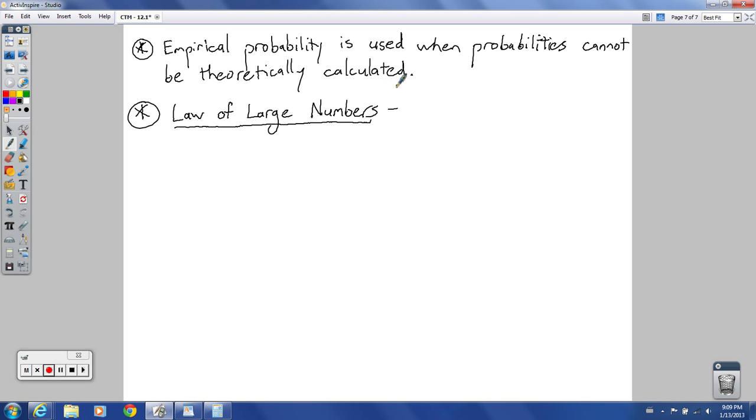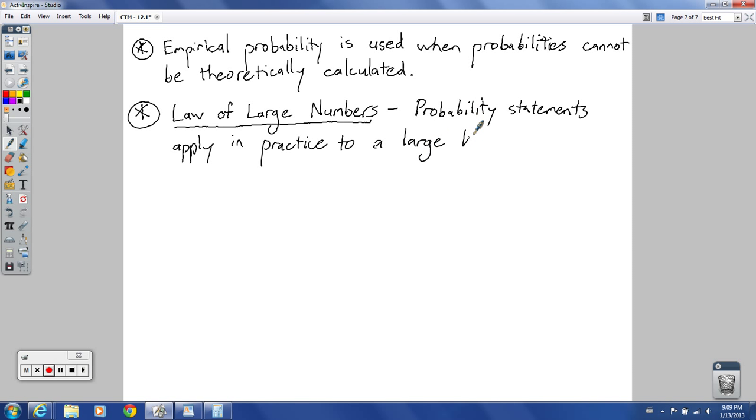The law of large numbers says this: probability statements apply in practice to a large number of trials. Not a single trial.